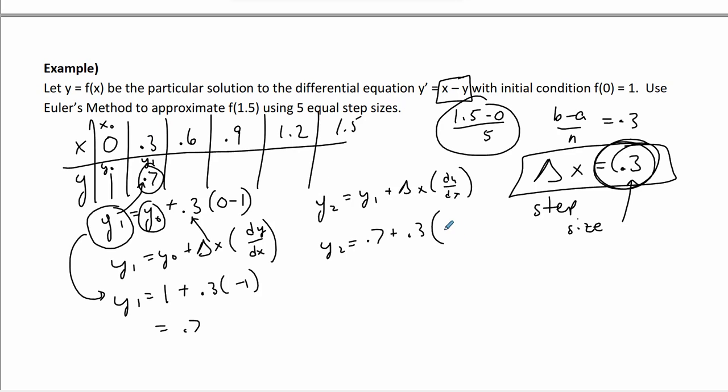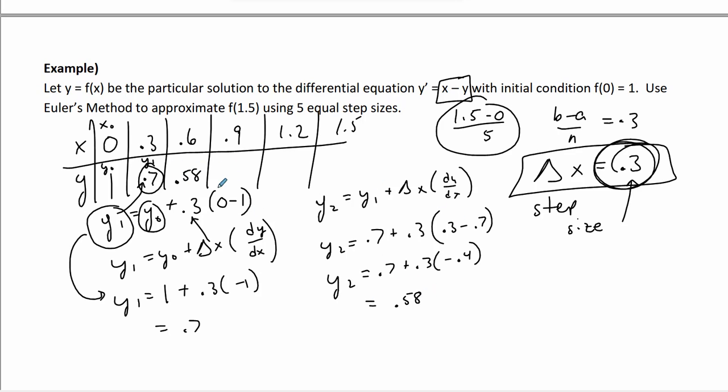So x is 0.3 minus 0.7 from the y value. Again, the slope with the previous point. So y sub 2 is equal to 0.7 plus 0.3 times negative 0.4, and that is equal to 0.58.